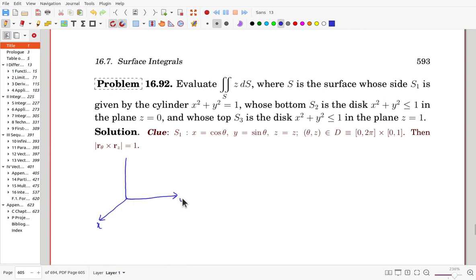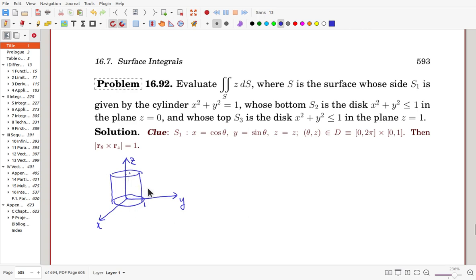X, Y and Z, and now this is a vertical cylinder with radius 1 in a circular region, and its height is 1.